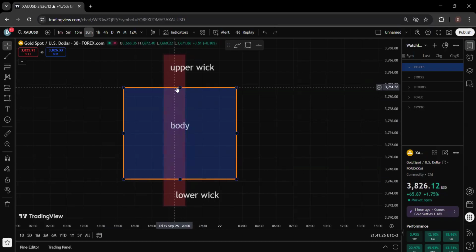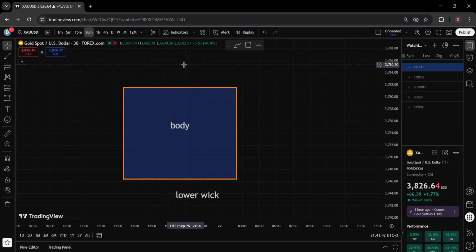Some people call this the closing or opening price, all these areas. But I want to make it simple: just the end of the body of a candlestick, where the body ends. I'm just interested in this part. I'm not interested in all these wicks.